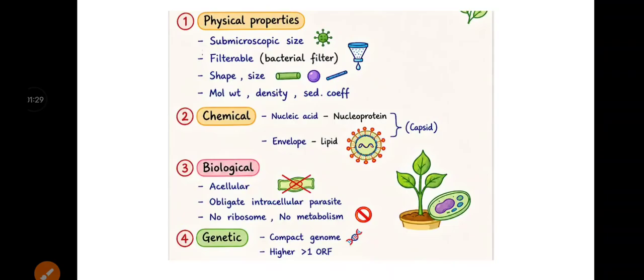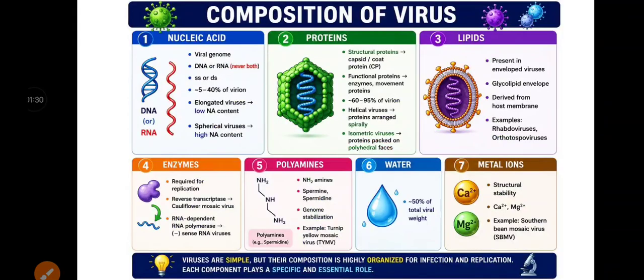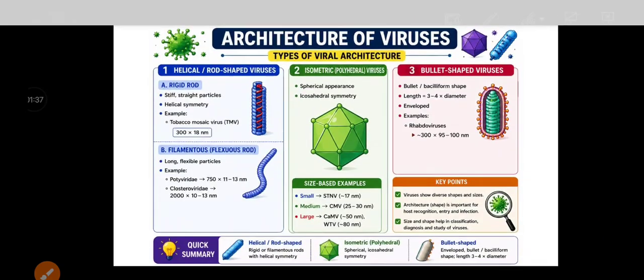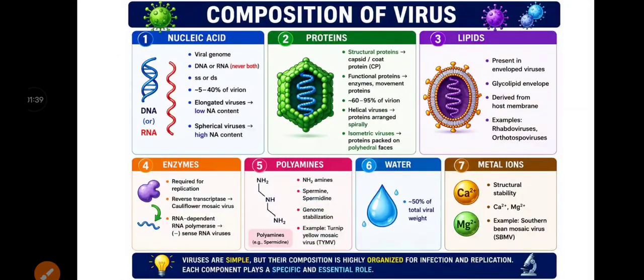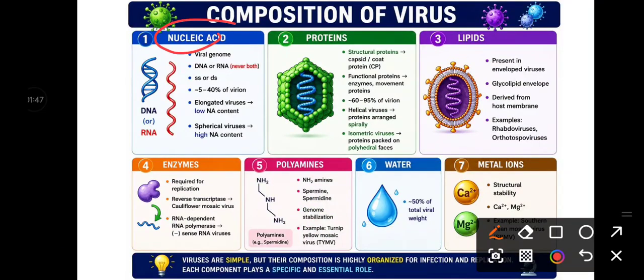Okay, next. So today we will discuss the composition and architecture. So first, the composition of virus. As you all know, virus is a nucleoprotein structure. So the basic things present in the virus are nucleic acid and the protein coat.